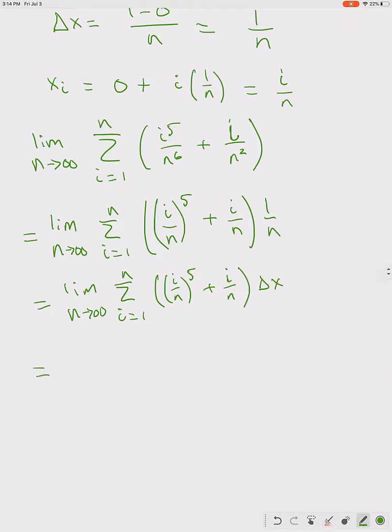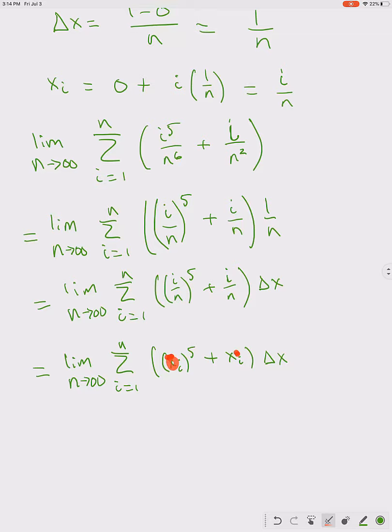So let's substitute that then. The limit as n approaches infinity of the summation i equals 1 to n of xi to the fifth, because i over n is the same as xi, plus xi, times delta x.